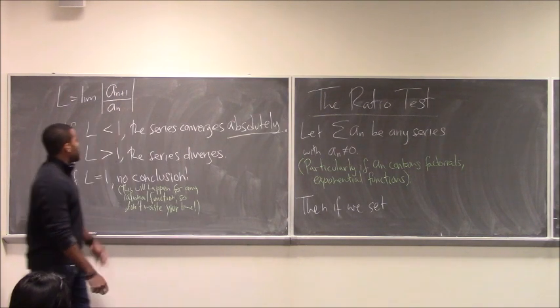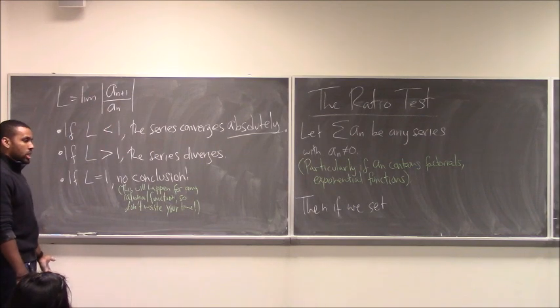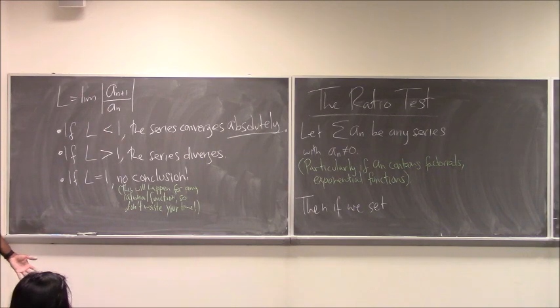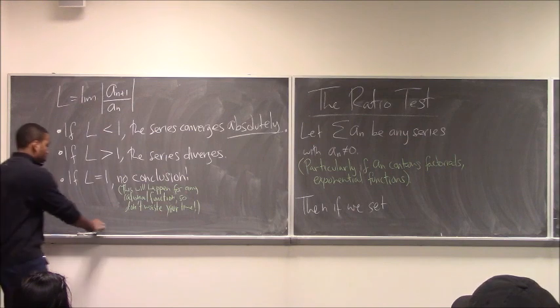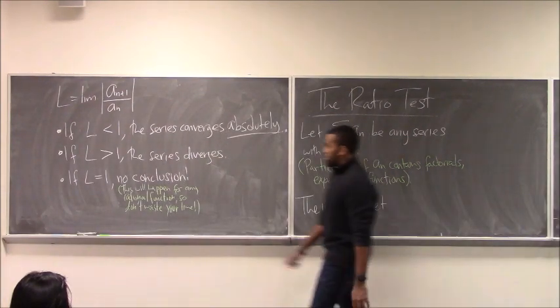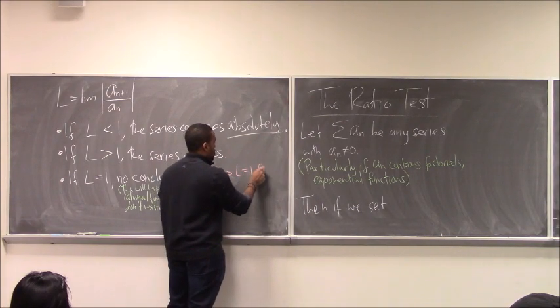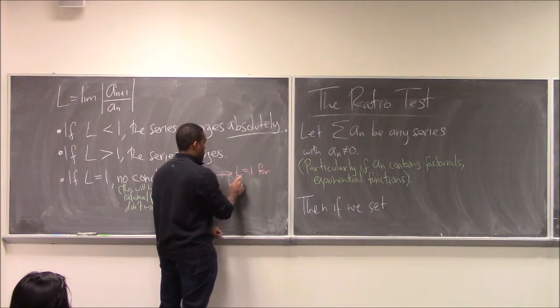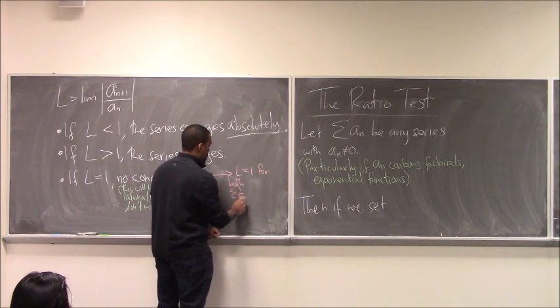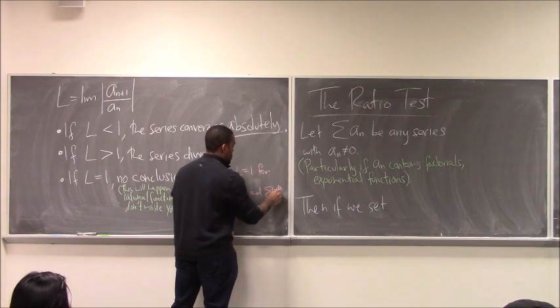Right, because if you replace all the n's with n plus 1s, the degree of your polynomials aren't going to change. So the degree of the numerator and the denominator will always be the same thing. The limit's always going to actually give you 1. And that doesn't actually tell you anything. No conclusion can be made. It's easy to see that no conclusion can be made because L would equal 1 for both the series of 1 over n from 1 to infinity and the alternating series of 1 over n.